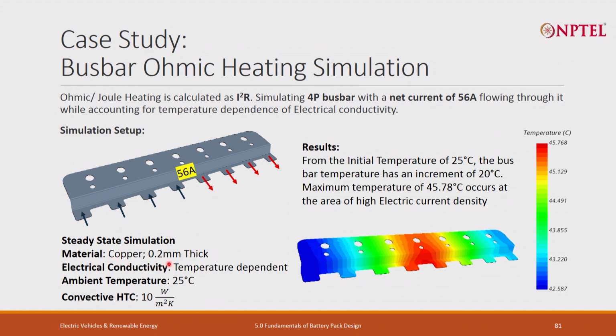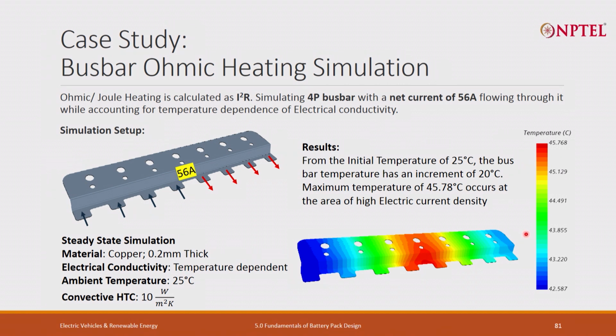Material copper, 0.2 mm thick, temperature-dependent electrical conductivity, ambient temperature 25 degree centigrade, convective heat transfer coefficient because of natural convection 10 watt per meter square per Kelvin. The initial temperature was 25 degree centigrade.